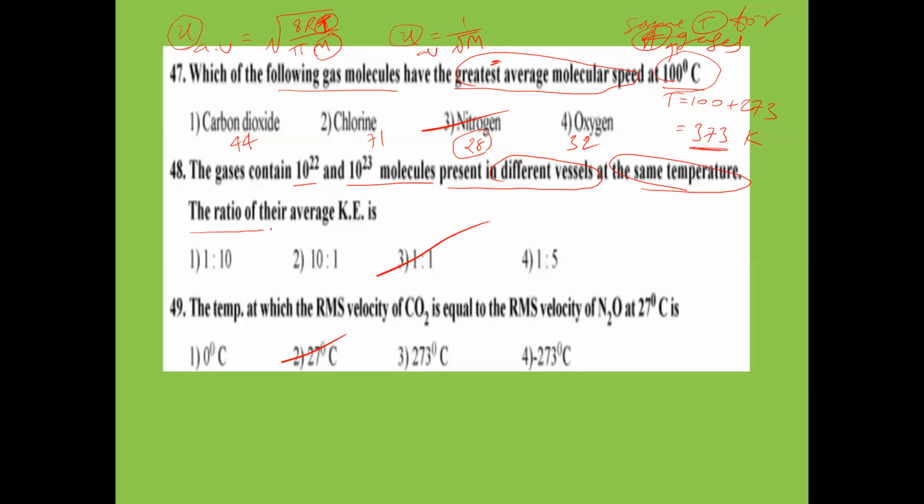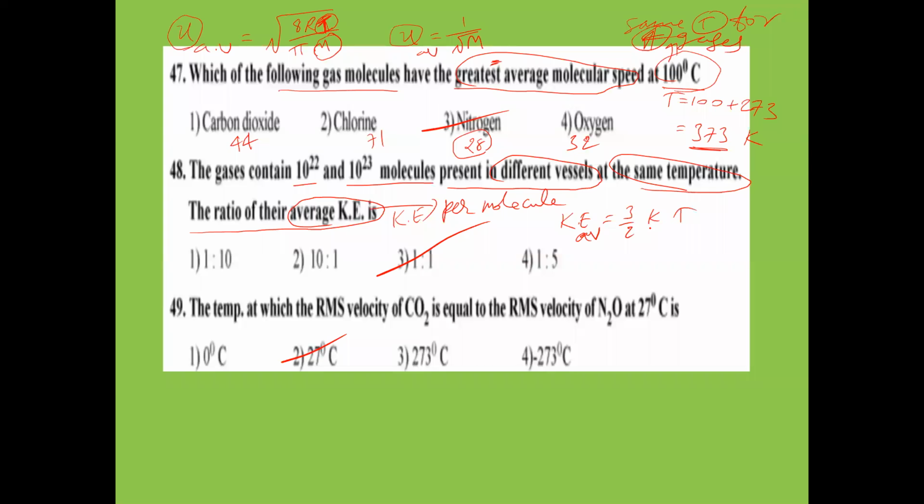The question asks for the ratio of their average kinetic energy. Average kinetic energy means kinetic energy per molecule. Kinetic energy per molecule is called average kinetic energy. The average kinetic energy is given by 3 by 2 kT.